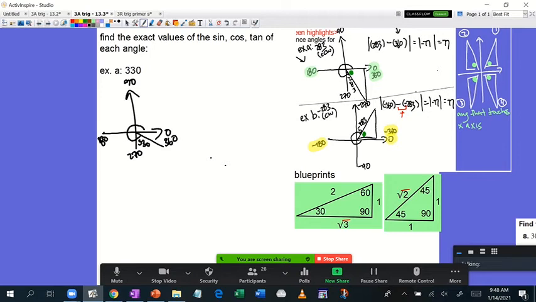This is in the fourth quadrant, so we're going to draw a fourth quadrant triangle here. Here's a triangle we're going to draw. I might as well make that red also.